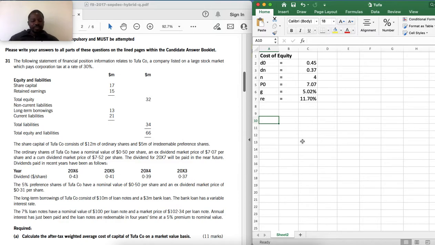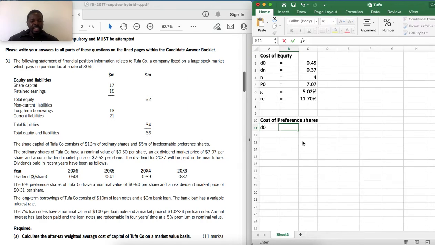So now, let me write here cost of preference shares. We said we want D0 and P0.